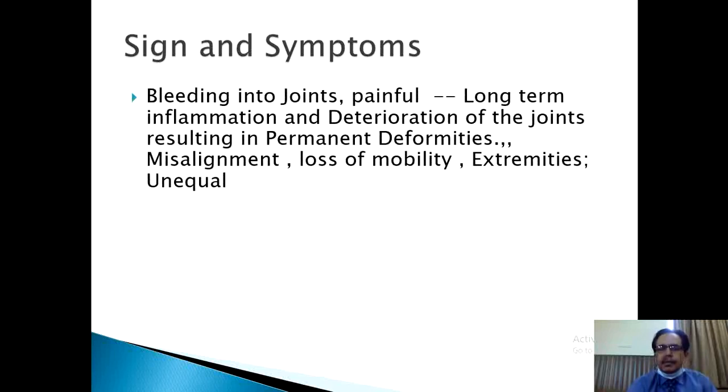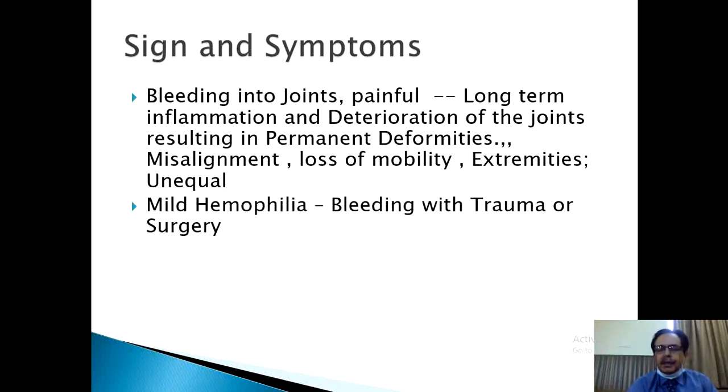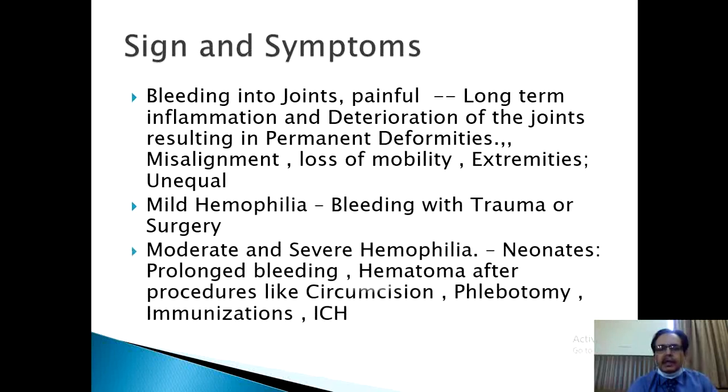The common signs and symptoms of the hemophilias, and especially of hemophilia B, are bleeding into the joints, which may be painful. Long-term inflammation of the synovium and cartilage will result in deterioration of the joints, resulting in permanent deformities and misalignment of the joints, and there will be loss of mobility as well.